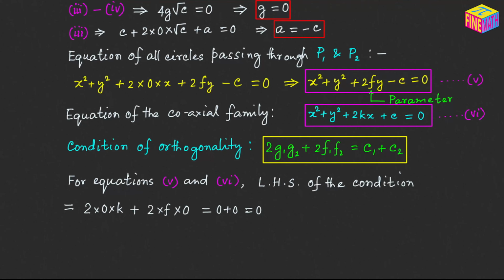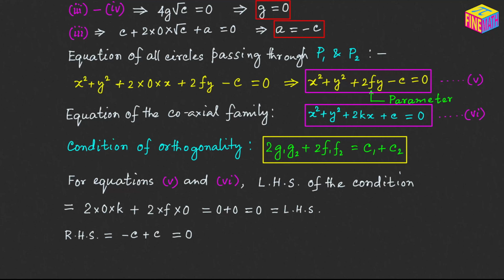So the only remaining work here is we have to somehow prove that c sub 1 plus c sub 2 is equal to 0. Now if you think about the constant term in equation number 5, that is a negative c, and if you think about the constant term in equation number 6, that is a positive c, so their sum will obviously be equal to 0. That means we also have been able to prove that the right hand side of the condition of orthogonality is also becoming 0 and the left hand side already became 0.